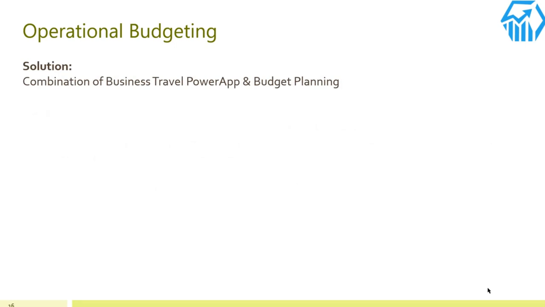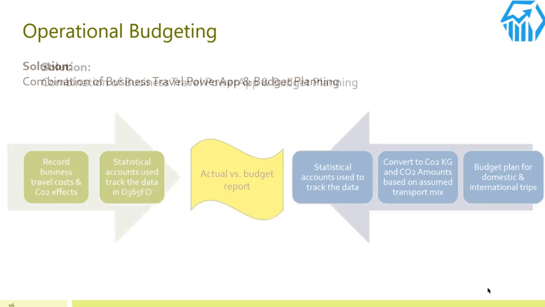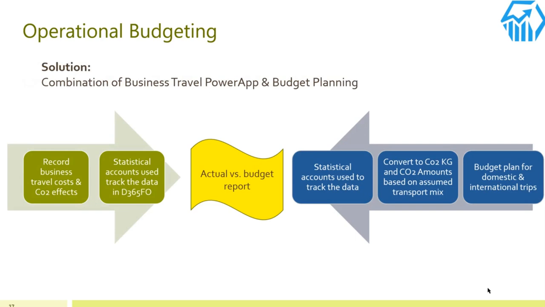What I want to show you in the following is how we can use the travel Power app that I showed you in one of the previous blog posts, in combination with budget planning. And the idea is the following. On the left hand side, we have the actual data that are recorded through the Power app.